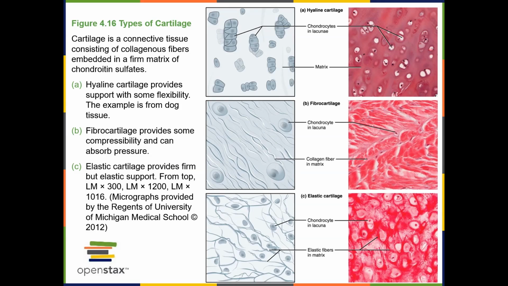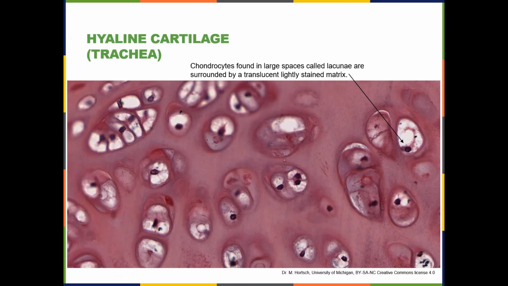This epiglottis is flexible because it's made of elastic cartilage. One more location that's made of elastic cartilage is called the eustachian tube, which connects the throat to the middle ear.